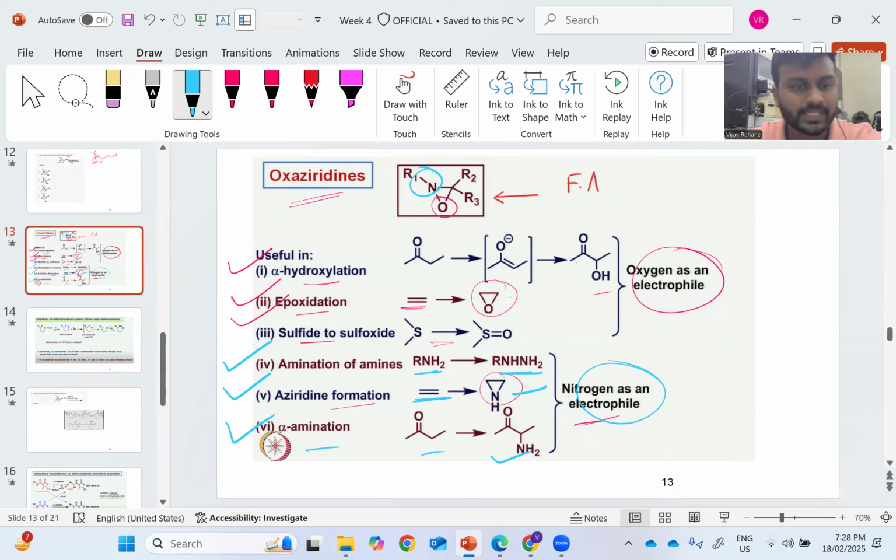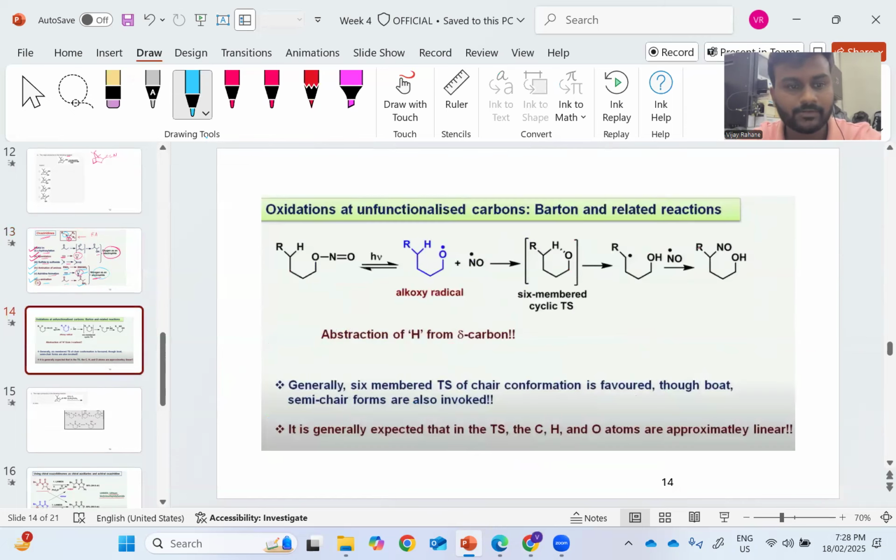We also saw some rearrangement reactions, especially the Barton reaction. This is just the mechanism for this one. It's just a revision for you to get to the answer for one of the questions.